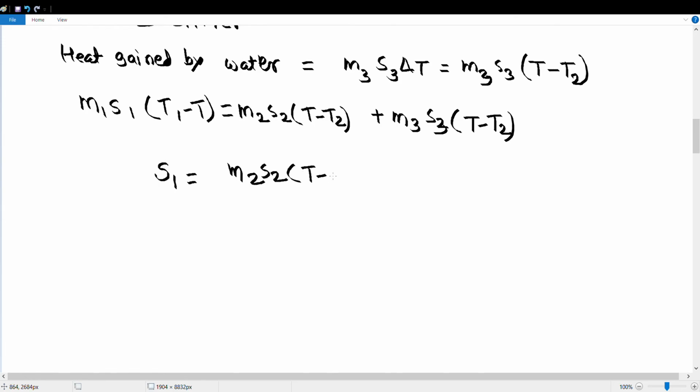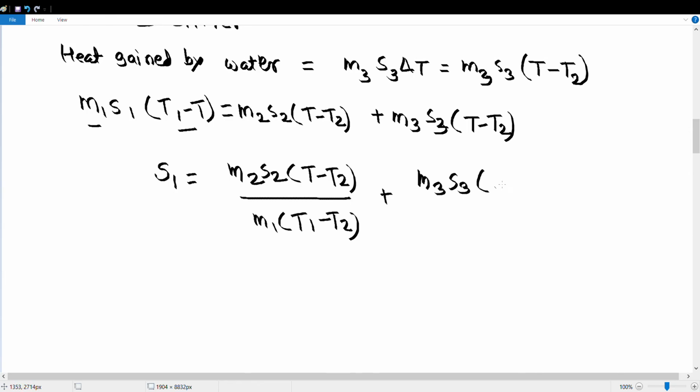M2S2 T minus T2 divided by M1 T1 minus T, plus M3S3 T minus T2 divided by M1 T1 minus T. Which term is wrong here?